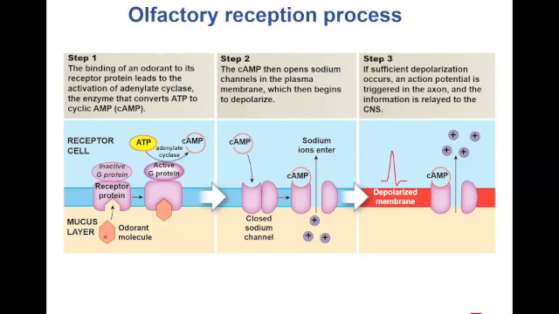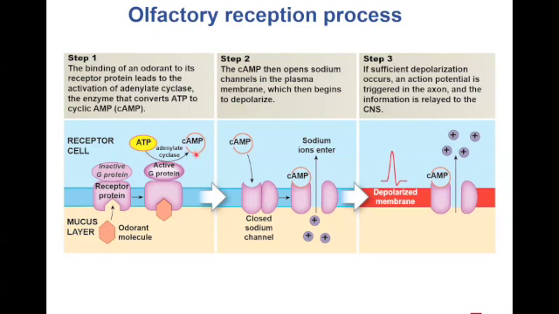So the binding of this odorant chemical onto the receptor protein essentially is going to activate this inactive G protein. Okay, now the activation of this G protein basically is going to turn this site into an active enzyme site. And that's going to cause ATP to be converted into cyclic AMP.